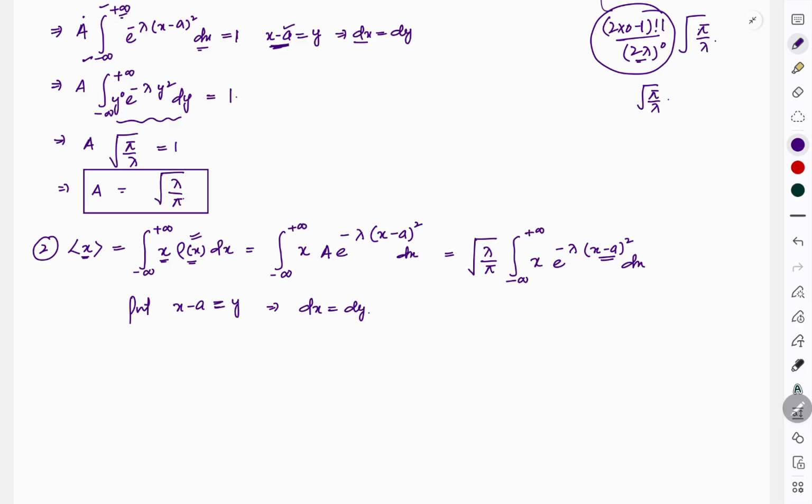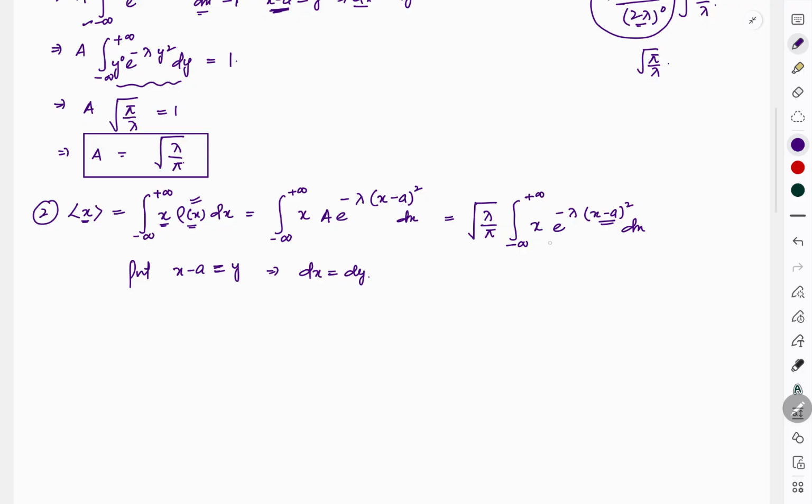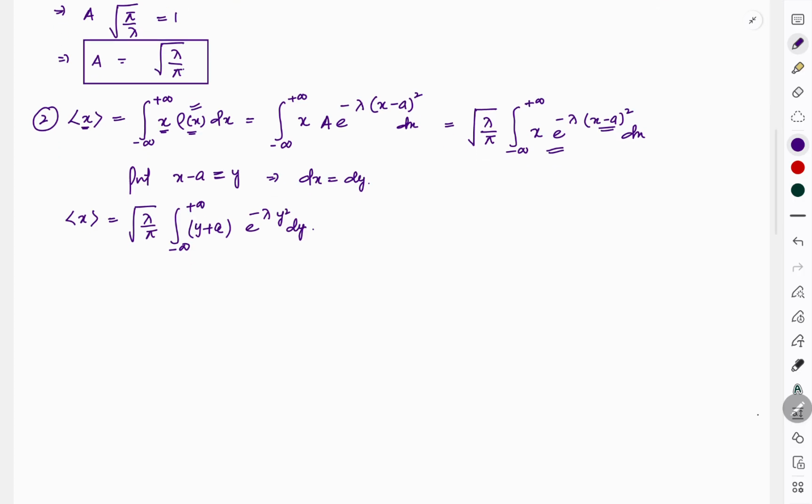Okay, now let's see what will happen to this integral. So expectation value of x equals root of lambda by pi, integral from minus infinity to plus infinity, in place of x we have (y plus a) e power minus lambda y square dy. So expectation value of x equals root of lambda divided by pi.